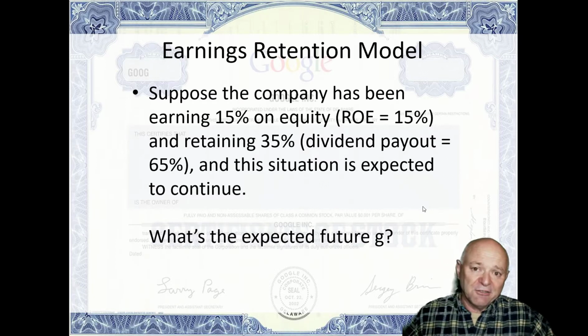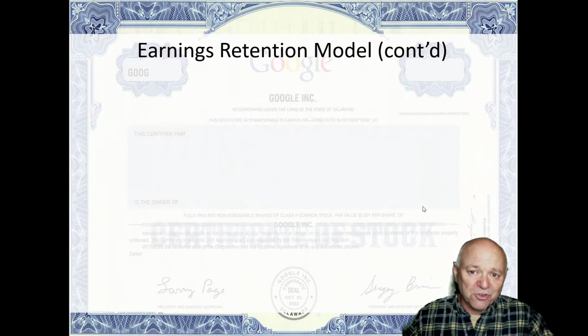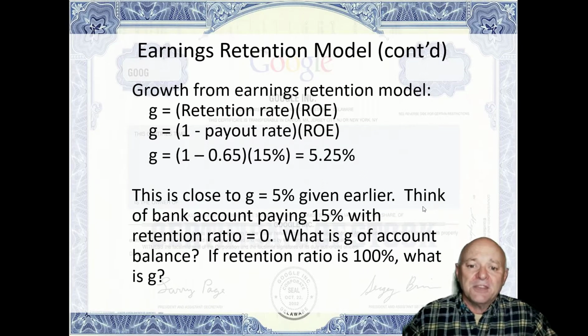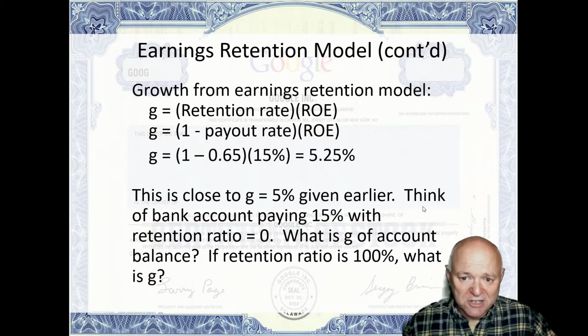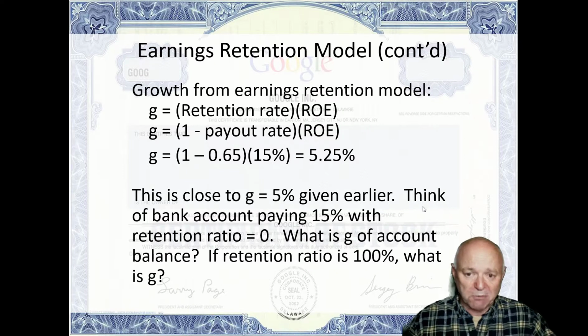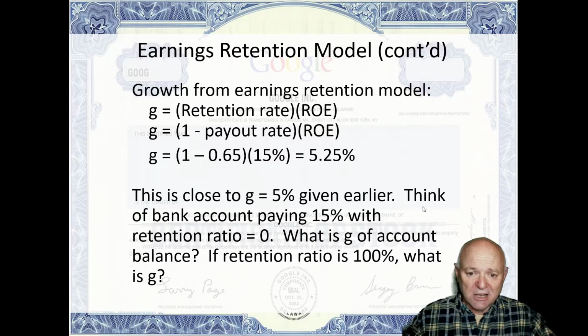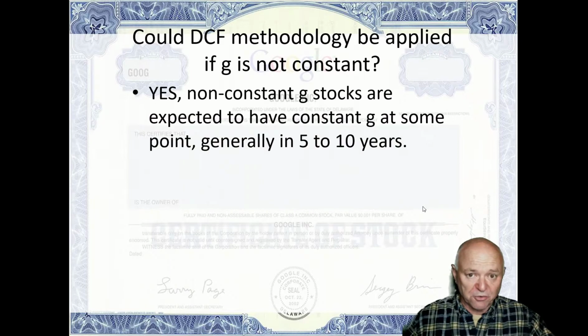And so to calculate the expected growth for this, we would take the retention rate times the ROE, in this case 1 minus 0.65 times the 15% rate of return on equity, and that suggests that G is going to be about 5.25%. So that's an alternative approach, the sustainable or self-funded growth rate.